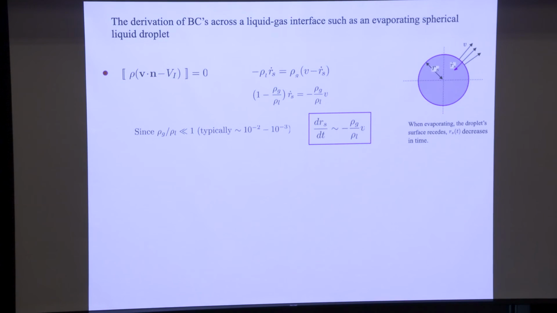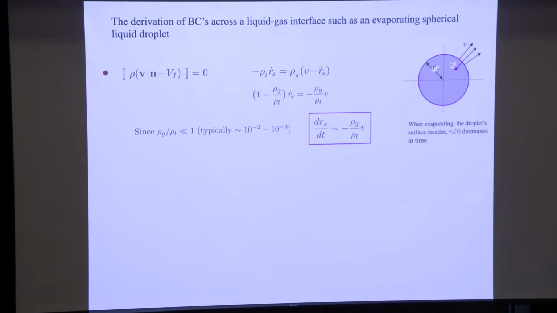The droplet is evaporating, so the liquid is leaving as gas, and you can write the jump in the mass flux as you see here, because the assumption is that the liquid is not in motion, so V is 0.